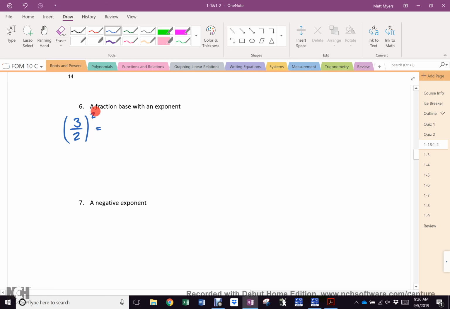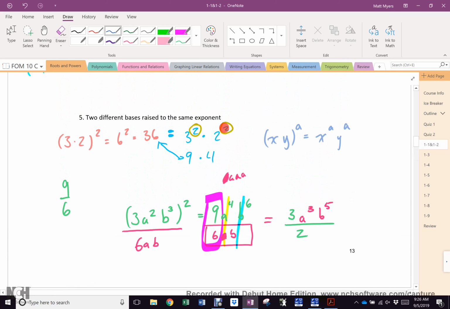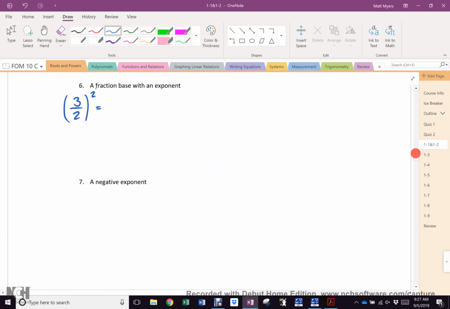In number 5, where did that exponent go? It went to both of them. So what do you think is going to happen here? It's going to go to both of them. So what do I get? 3 squared, so that's 9 over 4.